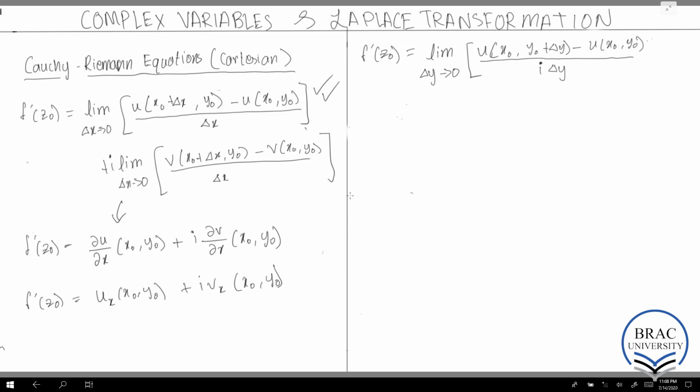Remember, you're approaching from the vertical, and the vertical is the imaginary axis. So if you approach it through the vertical, you would get i delta y.